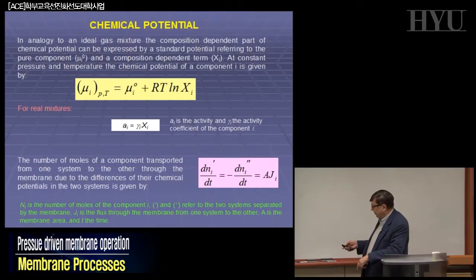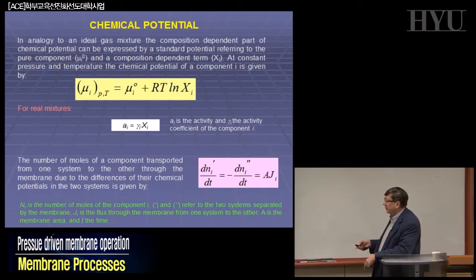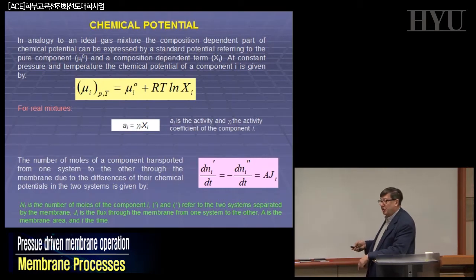Now, the flux of our ions in the system is given by J, which is the change with time of the composition of the species i, upstream on one side of your membrane or on the other side of your membrane, divided by the membrane surface.